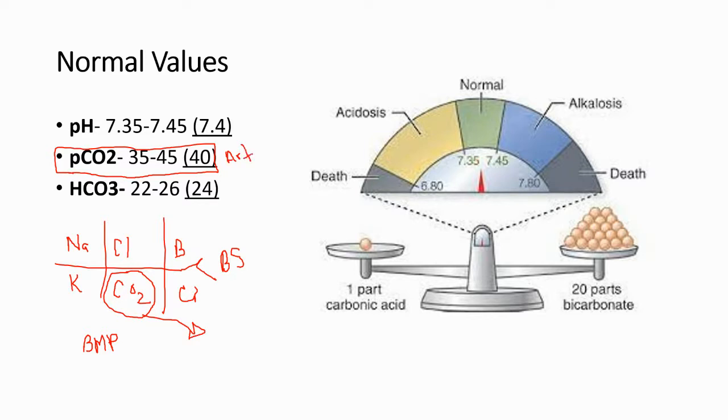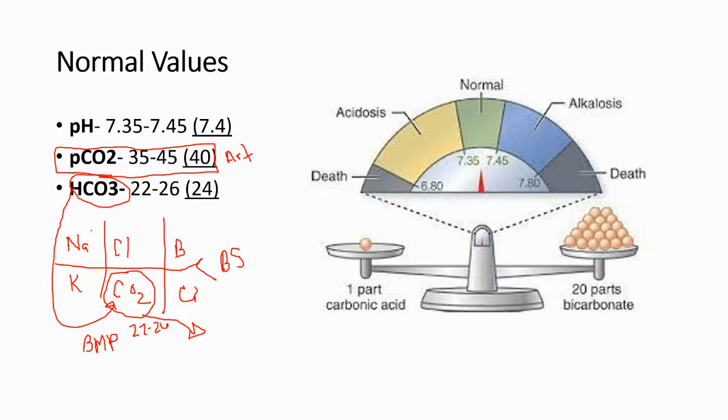But when we do BMPs, we're getting venous blood, right? We're doing venipuncture. This bicarb right here is this, okay? So CO2 is an indirect measure of bicarb, and this normal range is 22 to 26.